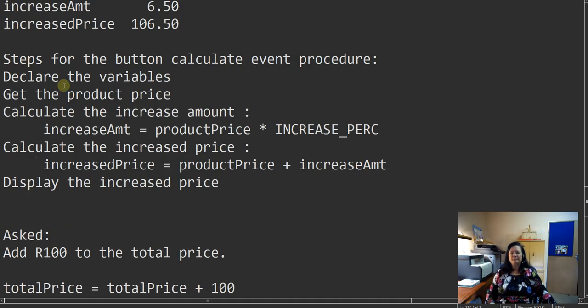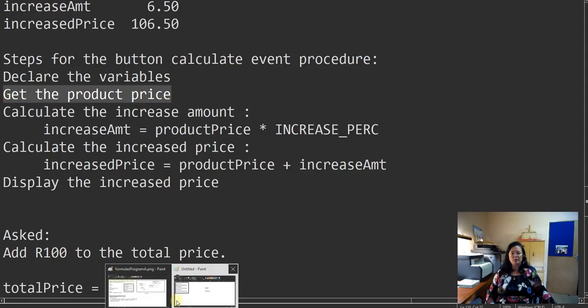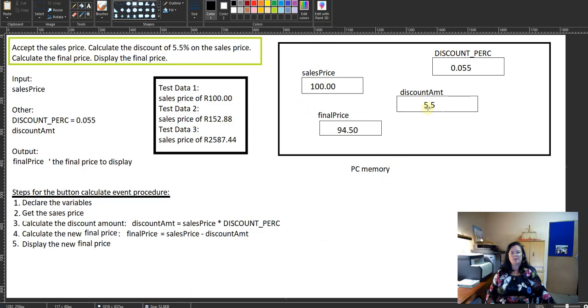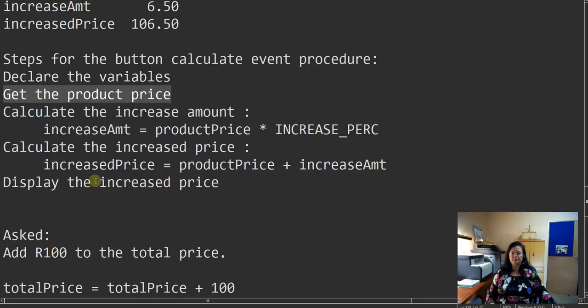Okay? And again, I want you to now go through these steps, write down on paper what would happen in the memory of the PC. See if you can follow that. See if you understand what it can do.